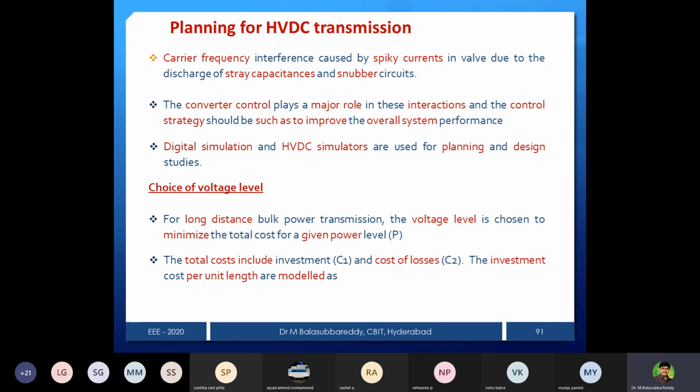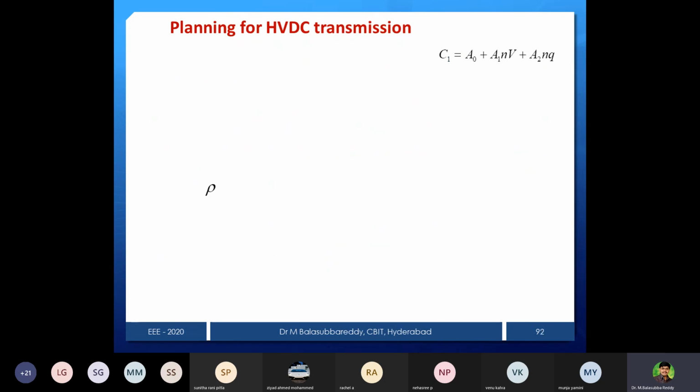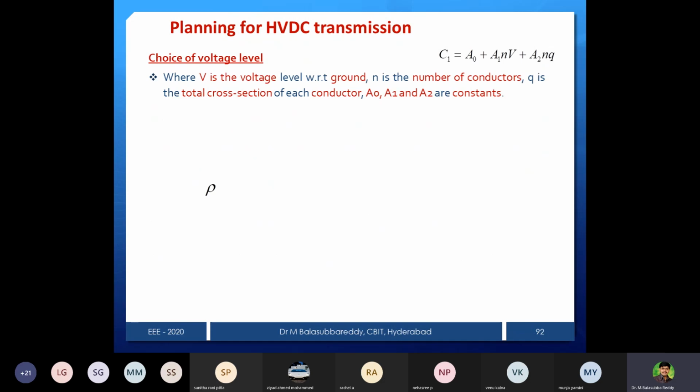The investment cost per unit length is modeled as an empirical relation, with no proof for this. It is given as C1 equal to A0 plus A1 N V plus A2 N Q. A0, A1, A2 are constants, and N and V are variables. V is the voltage level with respect to the ground, N is the number of conductors, and Q is the total cross sectional area of the conductor.